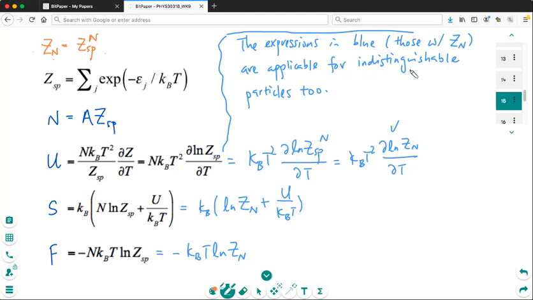Because if you have indistinguishable particle, now if everything is the same, then there's nothing new to learn. What is the difference? The difference is there when you learn indistinguishable particle. So I ask you to remember this moment. When you meet the problem of indistinguishable particle, you will see this expression again. They are identical, but you have to write the system partition function very differently. Okay, so this is true only for distinguishable particle.